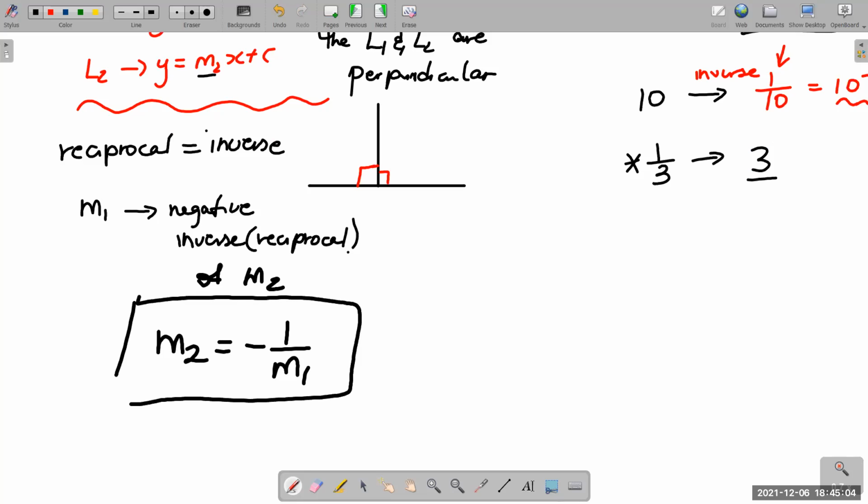And what does this mean? Once you know the first one and you find the negative reciprocal of the one they give you, you get a second one. Because this is a symbol or equation version of saying negative reciprocal.